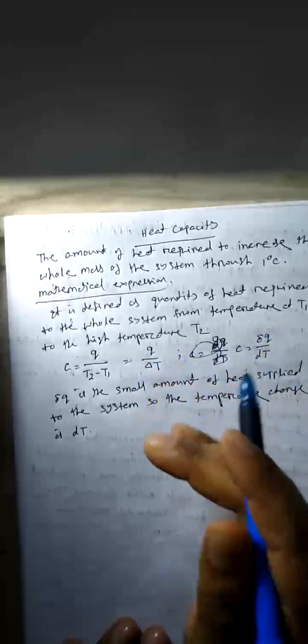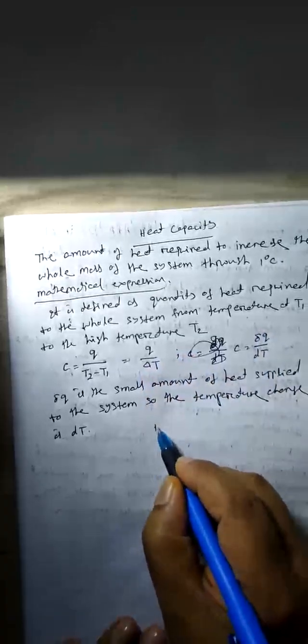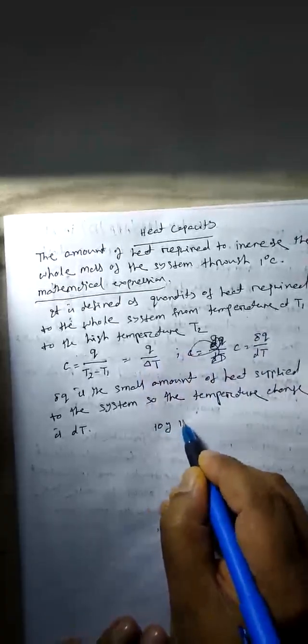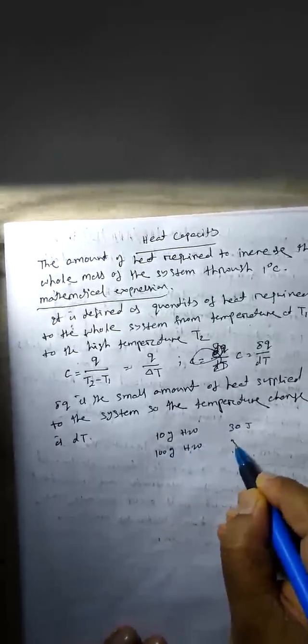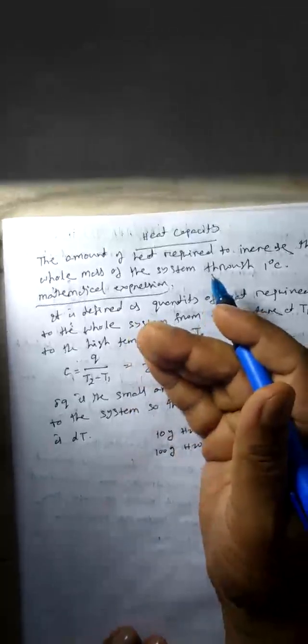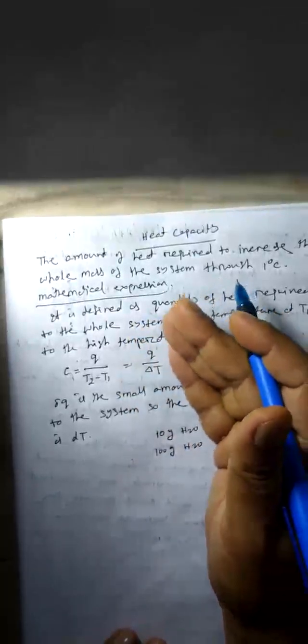But remember, heat capacity depends on the amount of substance you take. If you take 10 gram of water, heat capacity suppose is 30 joule. If you take 100 gram water, then heat capacity should be 300 joule. So if the amount of the substance changes, heat capacity also changes.